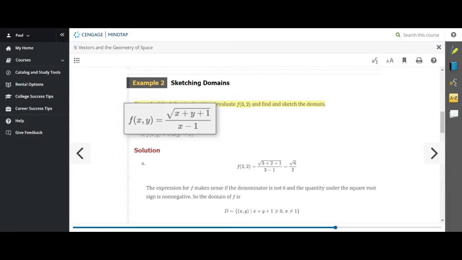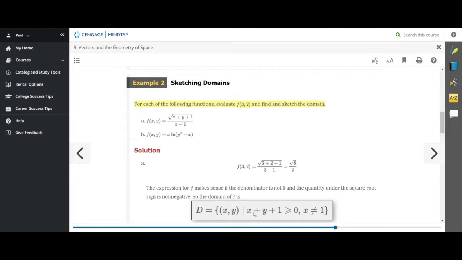But in the numerator, you have a square root function, and you can't have the square root of a negative number. So that means that x plus y plus 1 would have to be greater than or equal to 0. So we have two conditions that have to be satisfied for this domain.